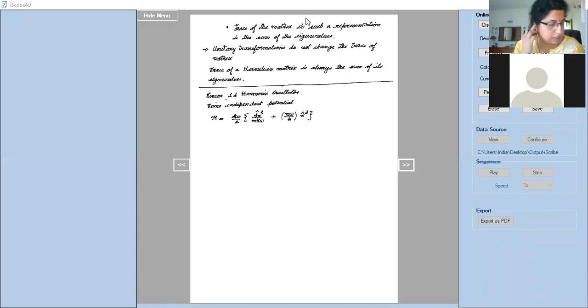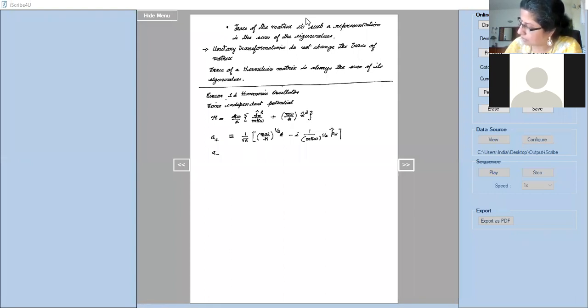And what we do is that we introduce two new operators, an a plus and an a minus. I kind of justified it for you in the last few classes. Let me just look up my notes. I always get these things a bit wrong if I don't look at them. So a plus is essentially 1 by root 2 times (m omega by h cross) power half x minus i (1 upon m h cross omega) power half px.